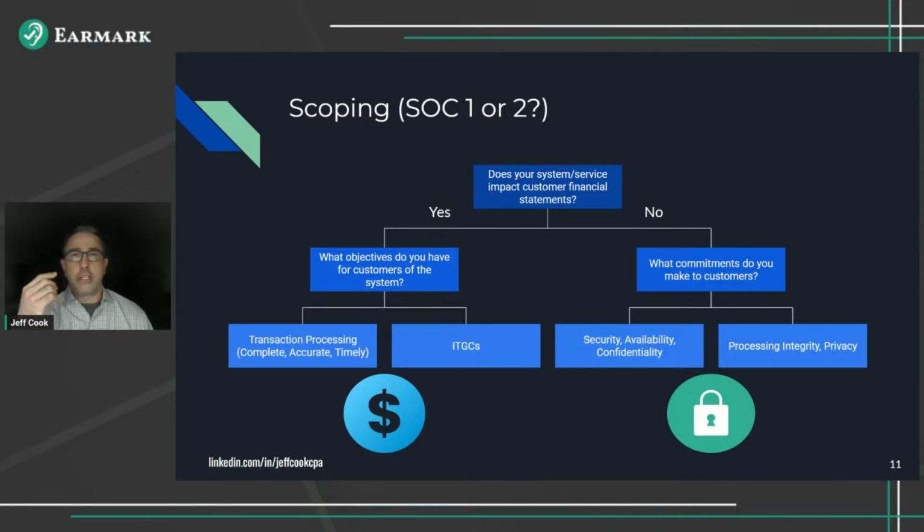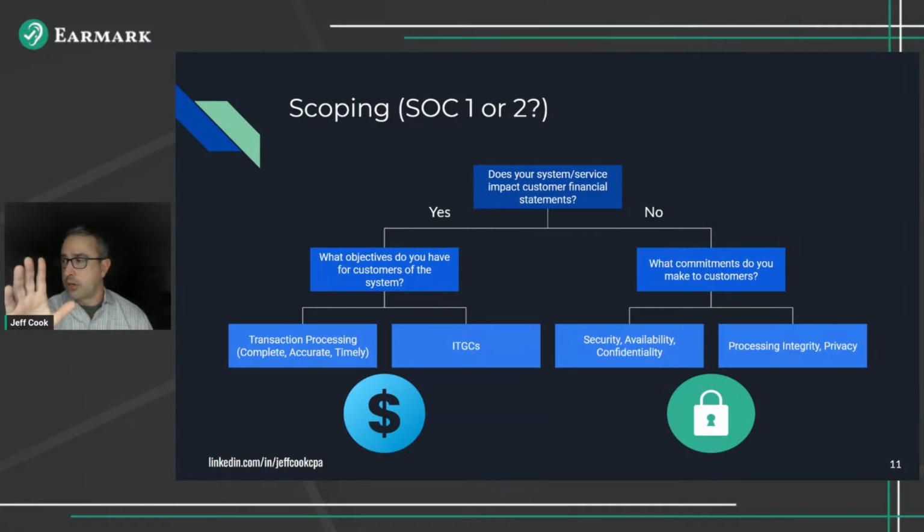The one thing confidentiality does add that I usually ask when I'm scoping is, do you make a commitment regarding customer data destruction if they leave the service? So if a client's customer leaves, do they commit to secure destruction of that data? That's what triggers confidentiality for me. The other two categories, processing integrity and privacy, are not as common.